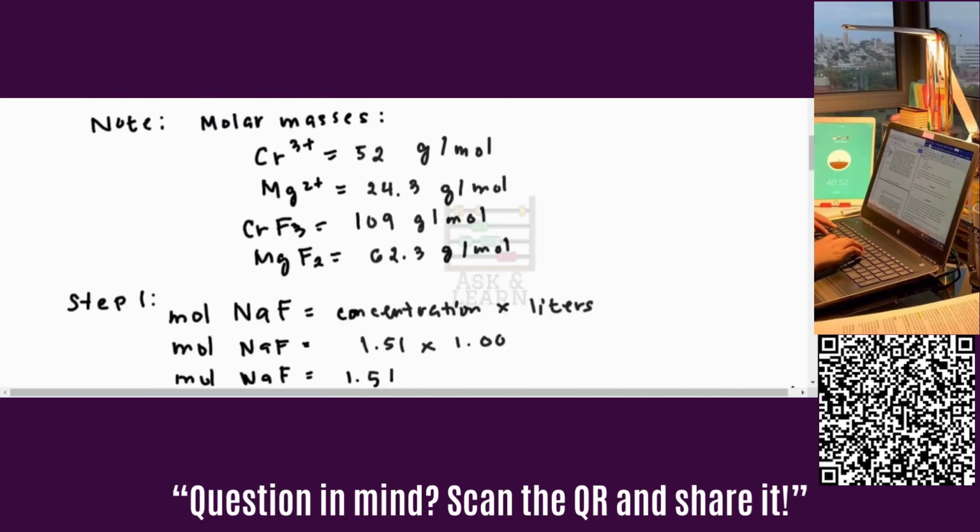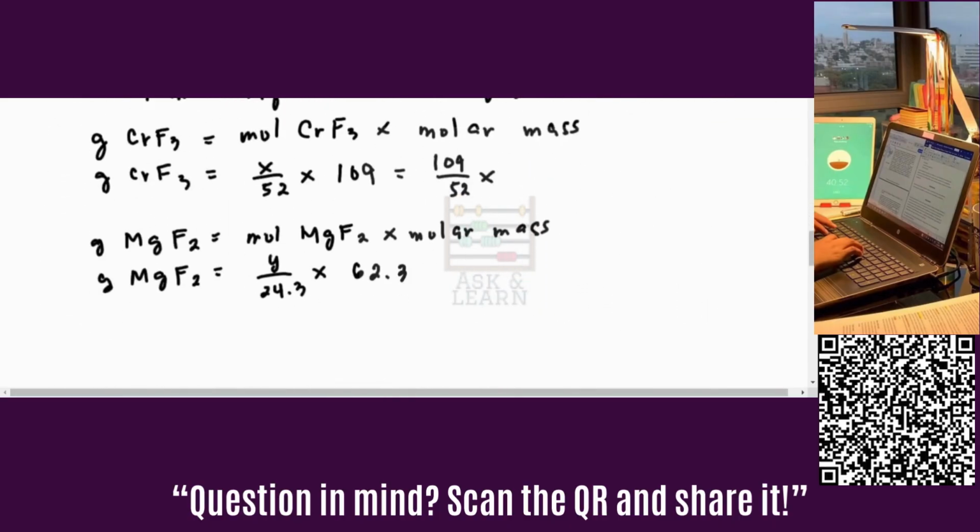Okay, let me just quickly check. Yes, it's 62.3. Okay, so this is going to be 62.3 over 24.3 y.